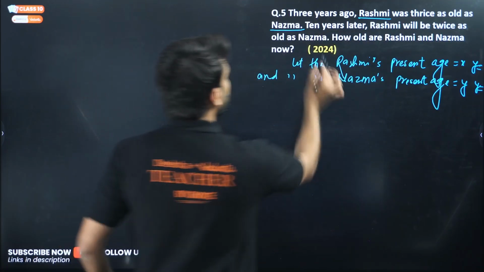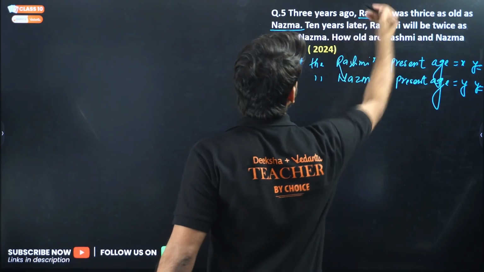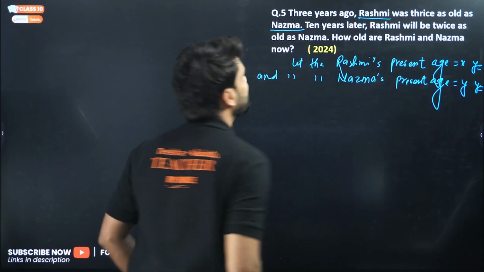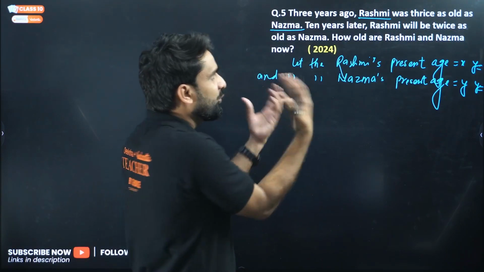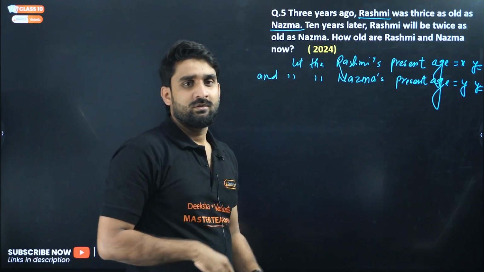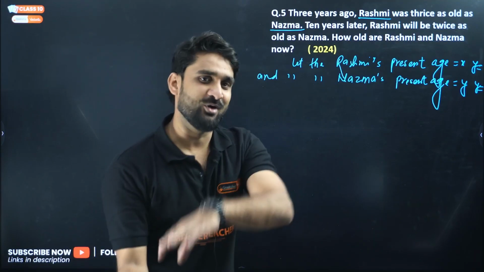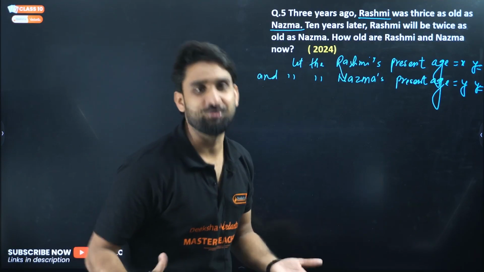Now look, 3 years ago Rashmi was thrice as old as Nazma. So 3 years ago Rashmi would be 3 years less, and Nazma also, because Nazma is also a human being.